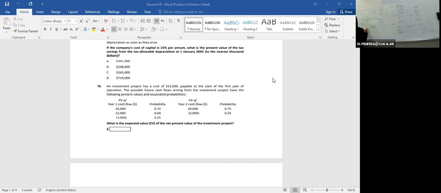Now let's calculate the expected value of the outflows. 20,000 into 0.75 is 15,000. And then 2,000 multiplied by 0.25 is 500. So 15,000 minus 500 is simply 14,500. So this is the expected value of the outflows.